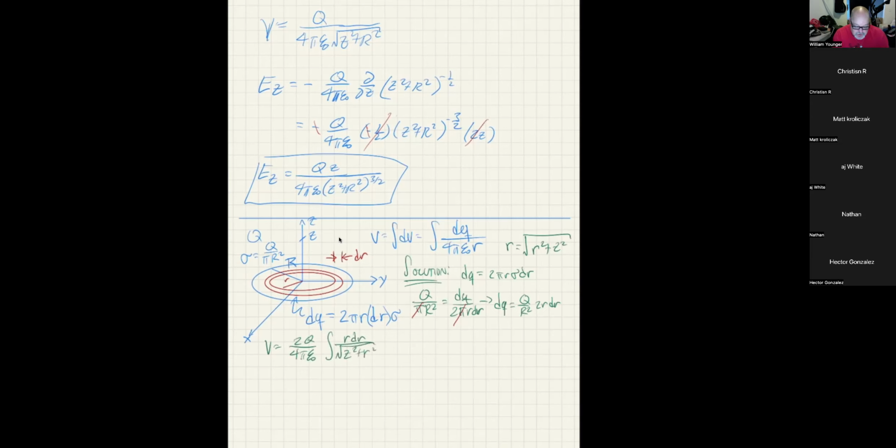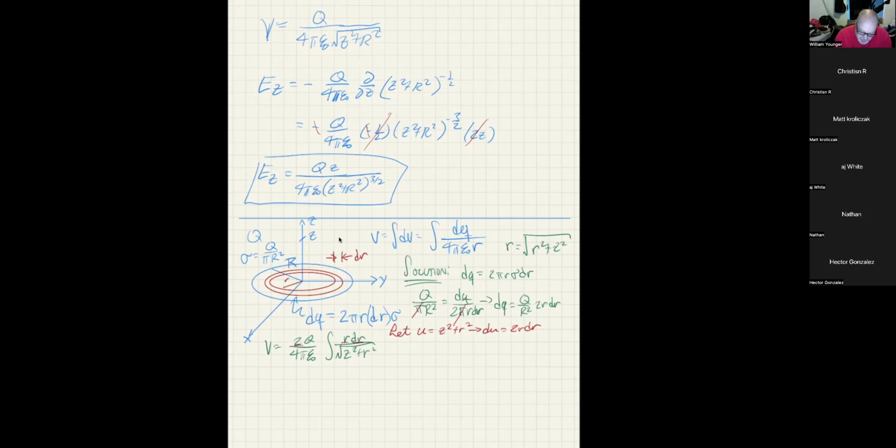Okay, now just when you think this might be a horrible problem and you have to use a trig substitution, you're lucky that you don't, because there happens to be an r in the numerator. So I can say let u equal z squared plus r squared, so that du is equal to 2r dr. Not only that, I already have a 2 right here, and I have an r and a dr. So I've got everything I need.